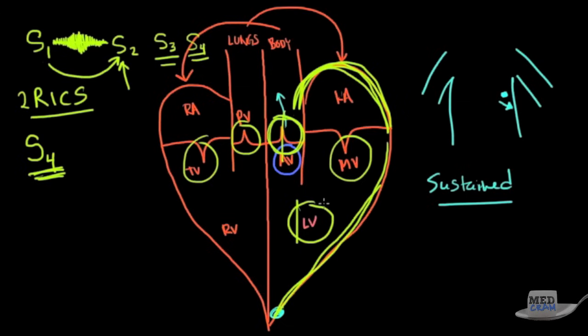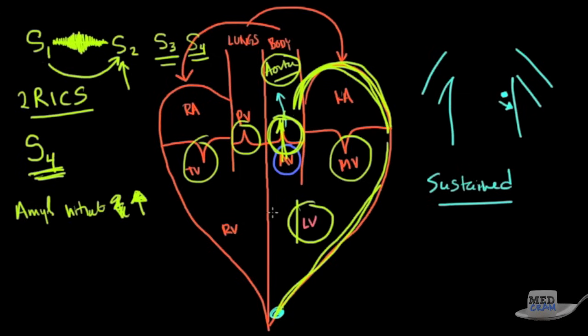And so what we see here is that if we decrease the blood pressure in the aorta using things like amyl nitrate, amyl nitrate will actually decrease the blood pressure in the aorta, which will increase the gradient, and that will increase the murmur of aortic stenosis.